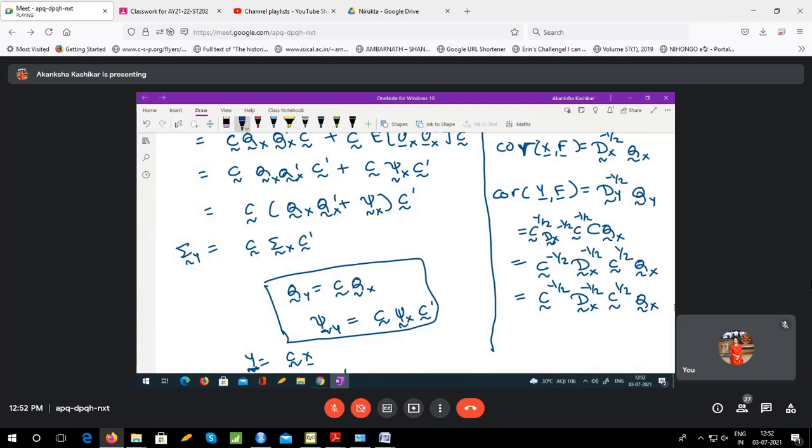Yes, anything? Can I relate correlation between Y and F to correlation between X and F? If we are stuck here, we can start that way also. If someone feels that starting from X would be easier, we can do that also.